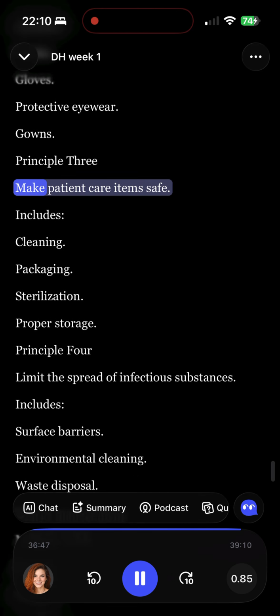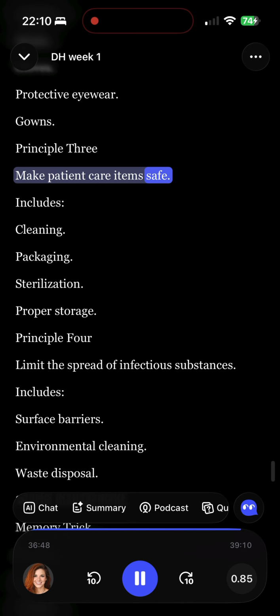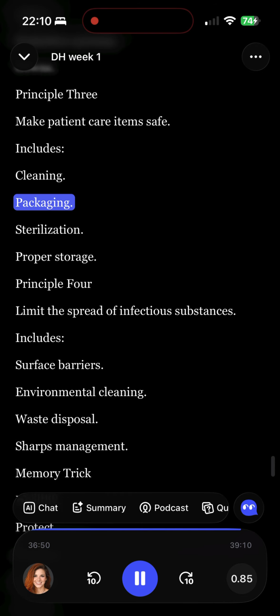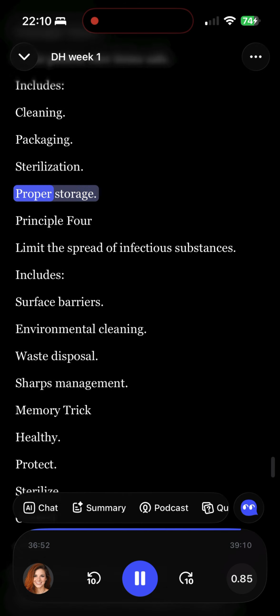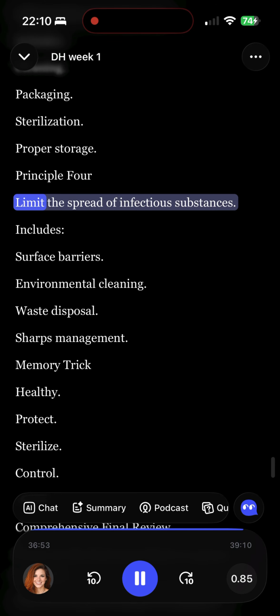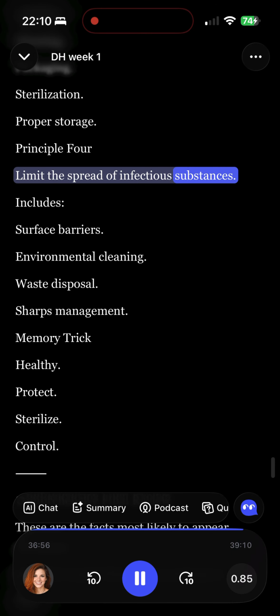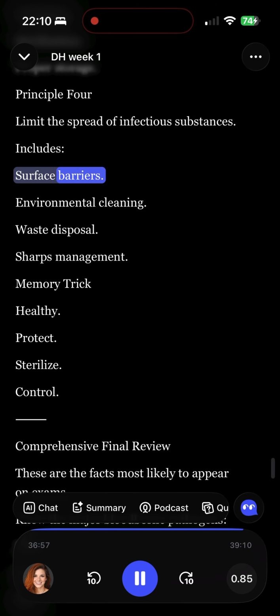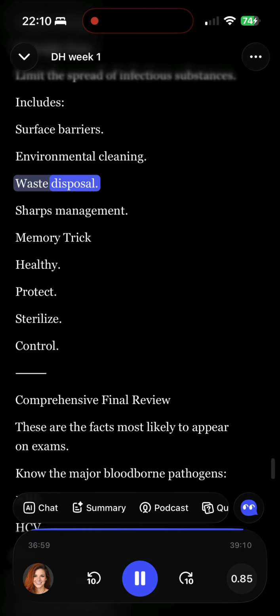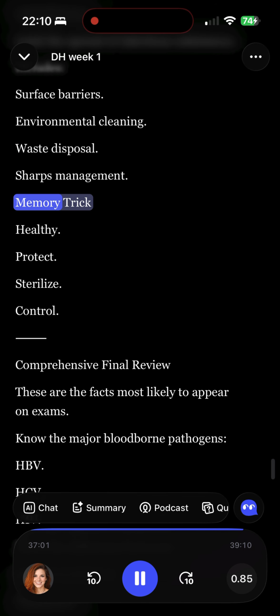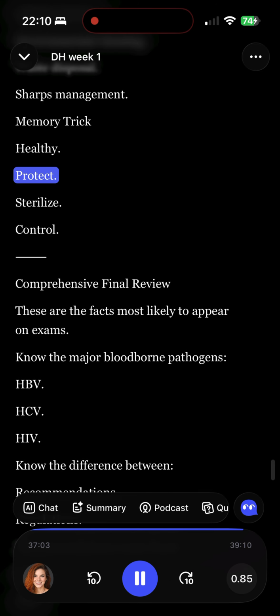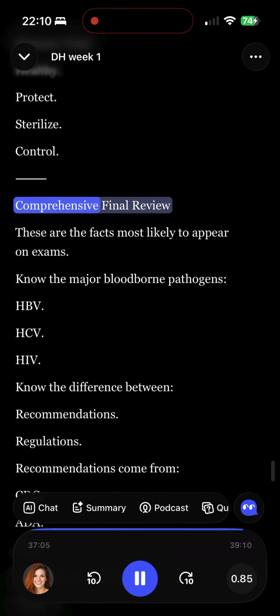Principle 3: Make patient care items safe. Includes cleaning, packaging, sterilization, proper storage. Principle 4: Limit the spread of infectious substances. Includes surface barriers, environmental cleaning, waste disposal, sharps management. Memory trick: healthy, protect, sterilize, control. Comprehensive final review.